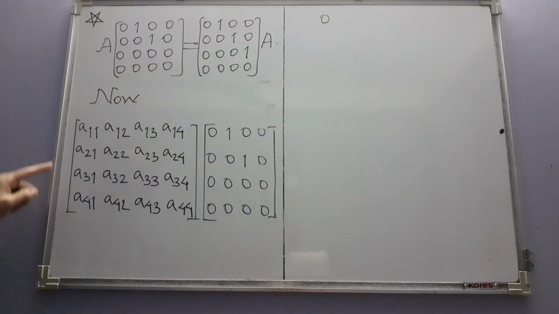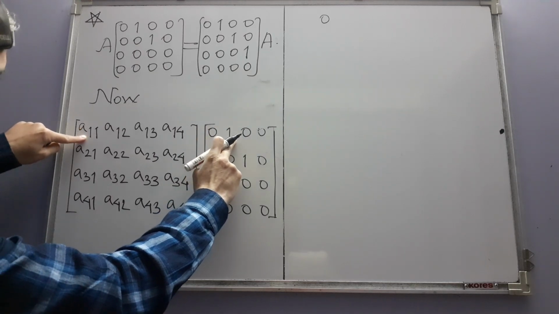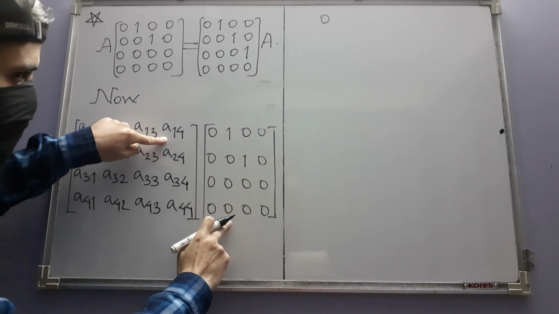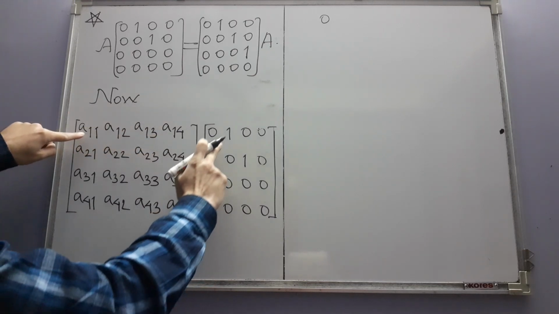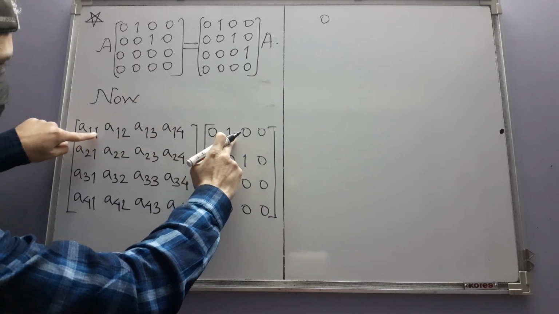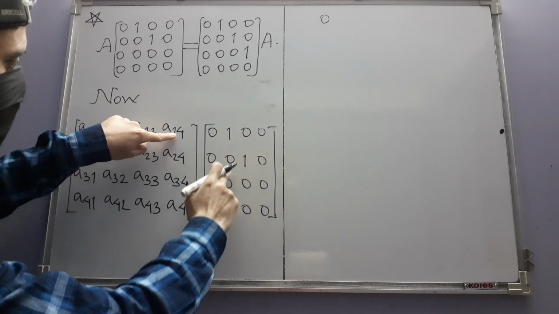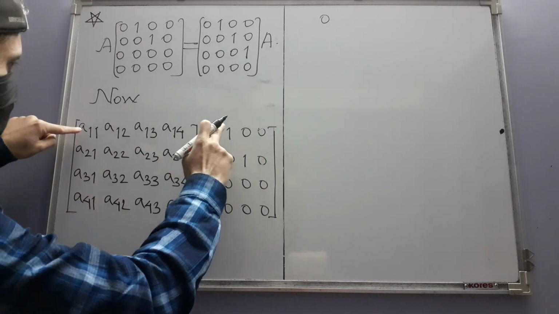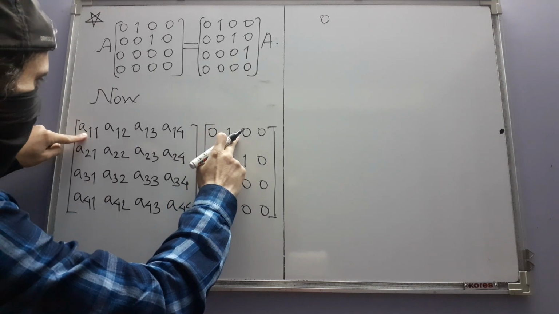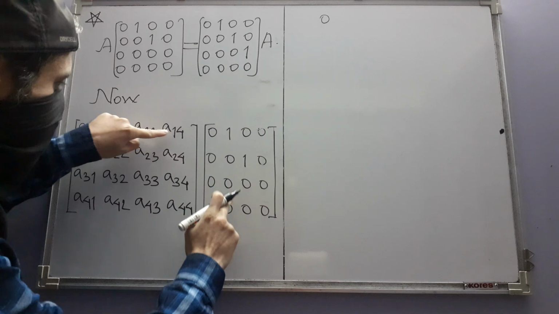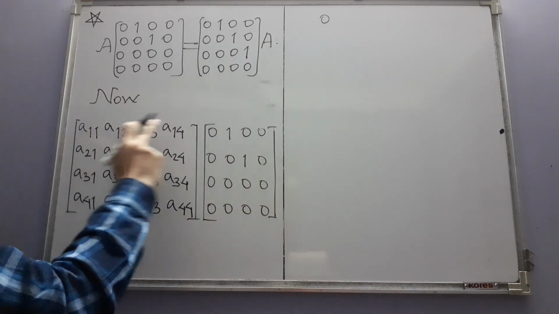Then first row times second column, this times this times this times this. If you go like this, you can do it very quickly. Your left hand should go horizontally and the right hand should go vertically in sync. A11 times 1 plus A12 times 0 plus A13 times 0 plus A14 times 0. So that means A11.